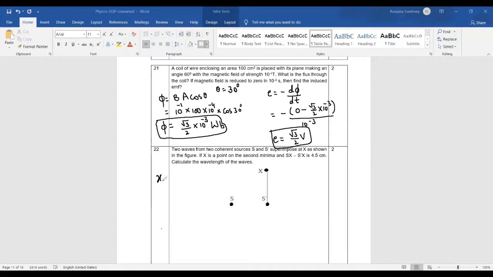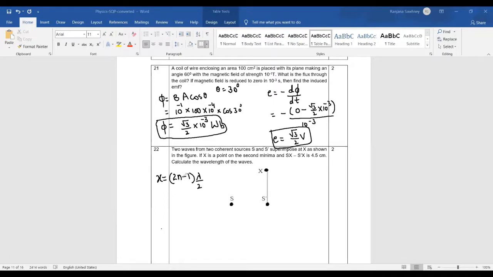Let the path difference be denoted by x. In case of an interference pattern, for minima, the path difference should be equal to odd integral multiple of lambda by 2, because the phase difference is odd integral multiple of pi. So the path difference will be (2n minus 1) lambda by 2.